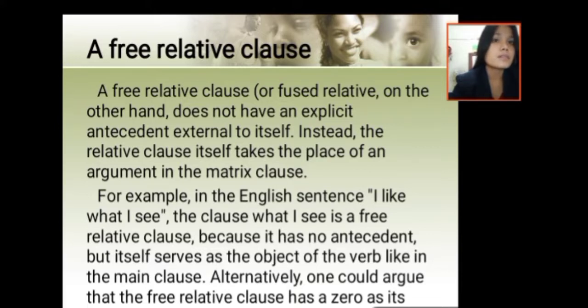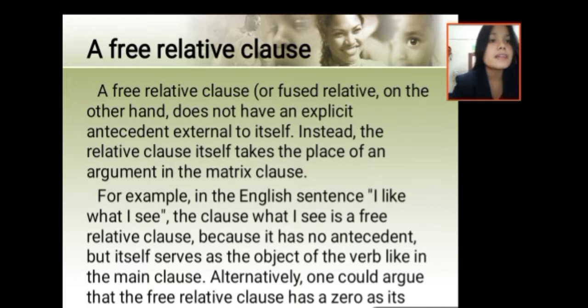A free relative clause, or fused relative, on the other hand, does not have an explicit antecedent external to itself. Instead, the relative clause itself takes the place of an argument in a matrix clause.